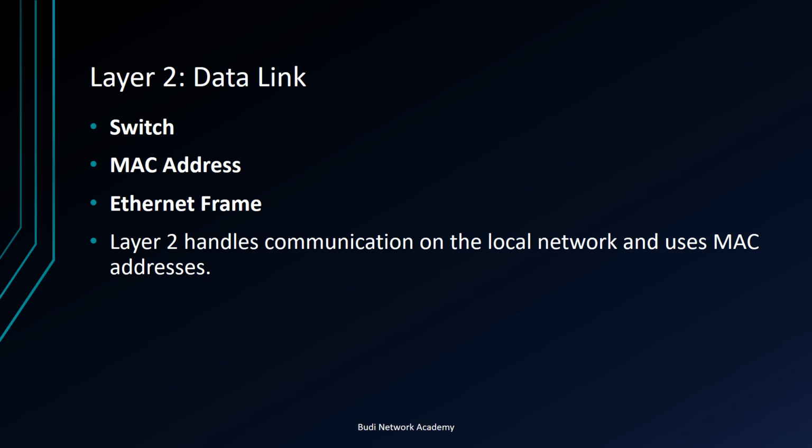Remember our video about the switches? A switch primarily operates at layer 2 and uses MAC addresses to make forwarding decisions. So, a simple way to remember layer 2 is data link, MAC addresses, Ethernet, switch.